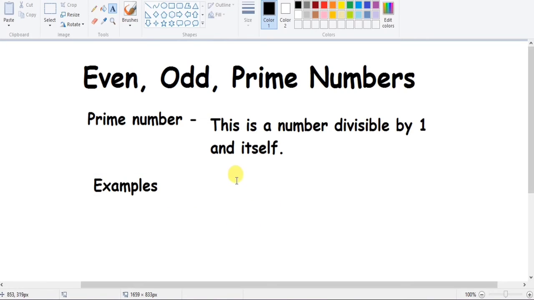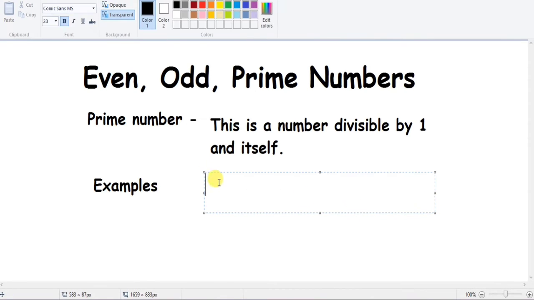Let's write down a number line from 1 to 10 to demonstrate for you. Okay, let's start with the first number, number 1. If you look at number 1, we are going to exclude it.